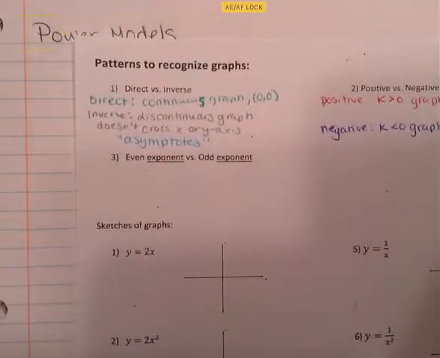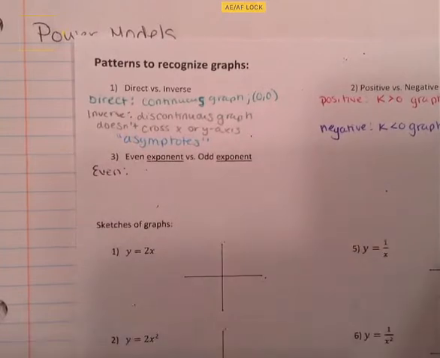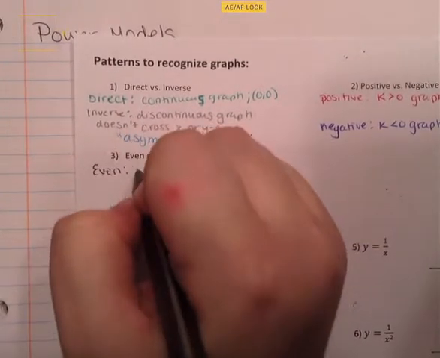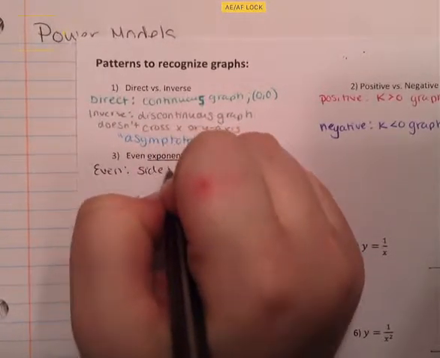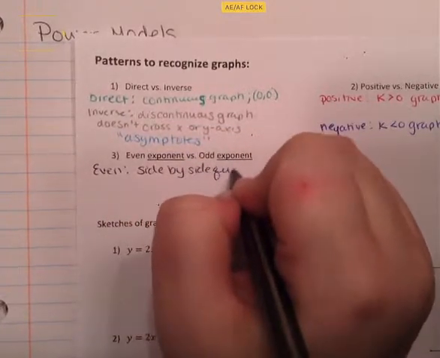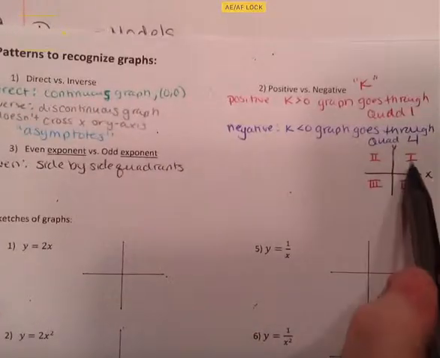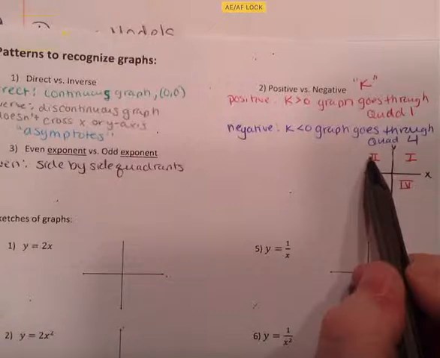For an even exponent, you will have side-by-side quadrants. For example, if you have quadrant 1, you'd also have quadrant 2.